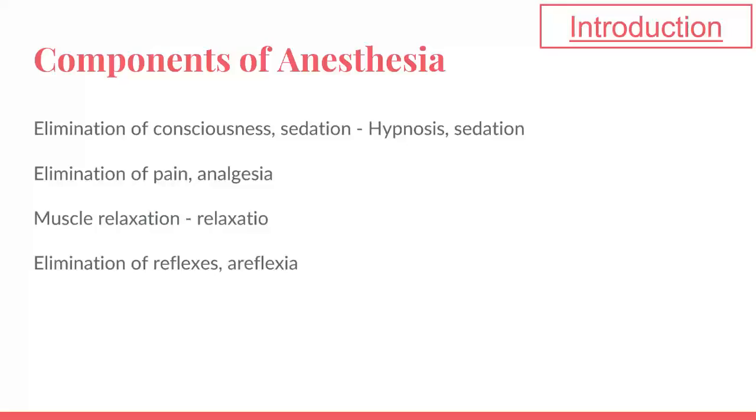Among these components, the primary ones are the abolition of consciousness, pain relief, muscle relaxation, and elimination of reflexes. One by one. The abolition of consciousness can vary in degree. It can be either partial, which we will call light sedation, or complete anesthesia if the patient is totally unconscious.